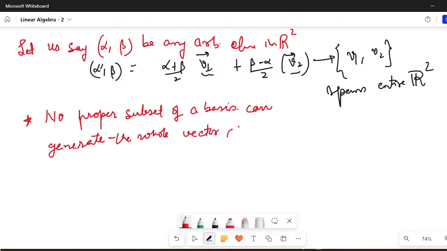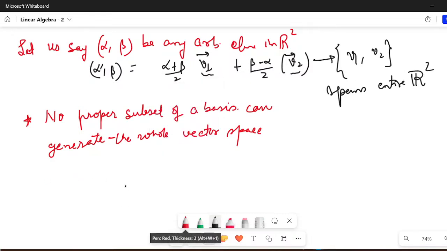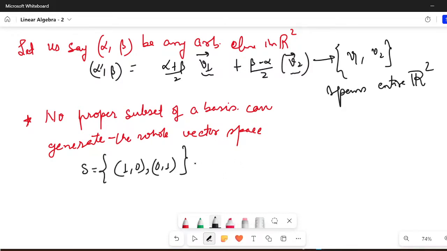Proper means it cannot be the set itself. Now, what do I mean by this? Let us take, for simplicity, 1 comma 0 and 0 comma 1. Let us say this was your set S. I know that this can span the entire R square.